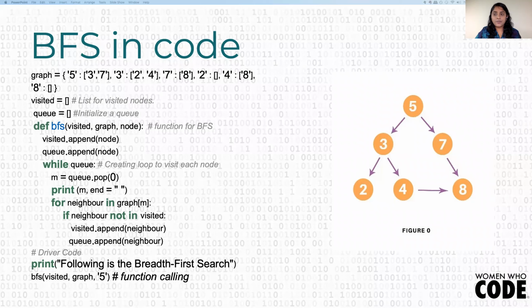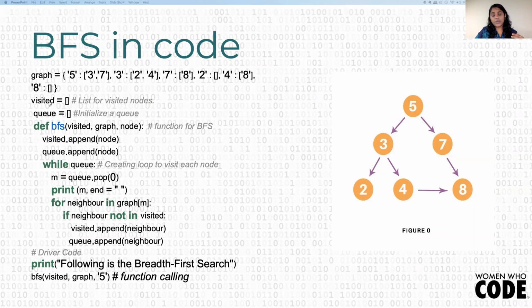So here is the code for breadth first search. This is the same representation of the graph that we had in our previous slides, and you have a visited list to keep track of the nodes that you have already visited, so we don't end up in a loop of visiting the same node again and again.